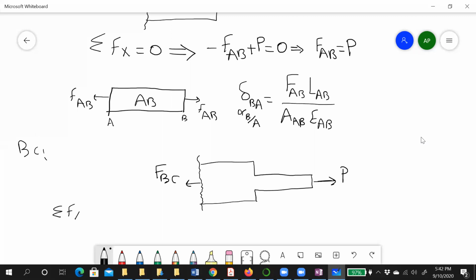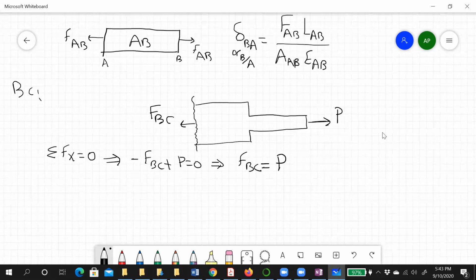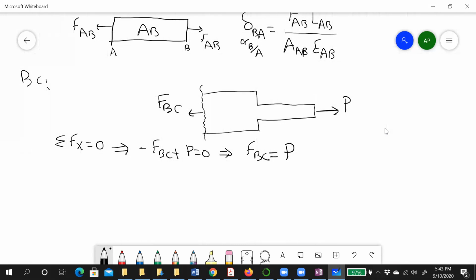Summation of force in direction of x equals 0 would be minus FBC plus P equals 0, and then FBC also equals P. So it looks like this.